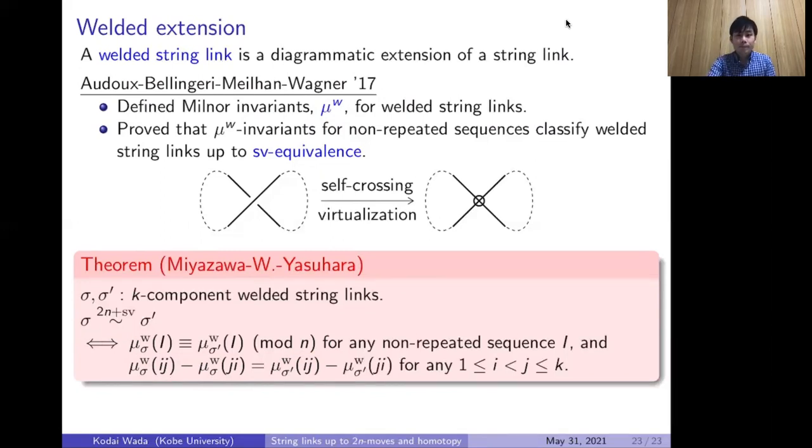Here, 2n plus SV equivalence is the combination of 2n equivalence and SV equivalence.